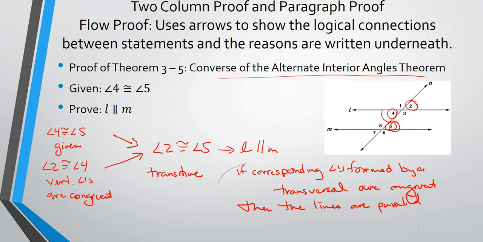So I did use one of my converse theorems to prove the other one, but that's okay because this theorem came first. So I've used that theorem to prove theorem 3.5.